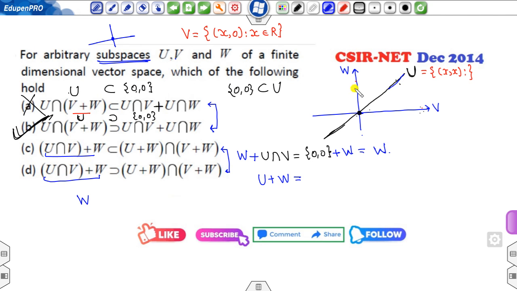U plus W is R2. V plus W, all those elements are R2. What is the intersection of this portion? R2. Now you can see W is a part of R2. So W is a subset of R2. So C is the right answer. B is my right answer of this problem.